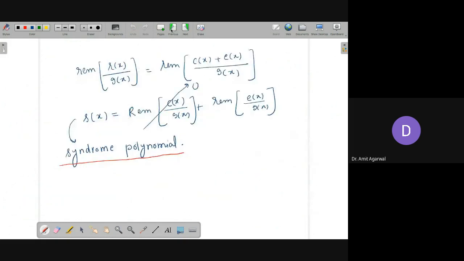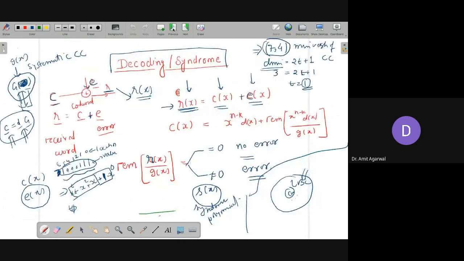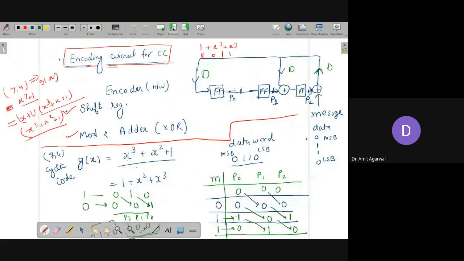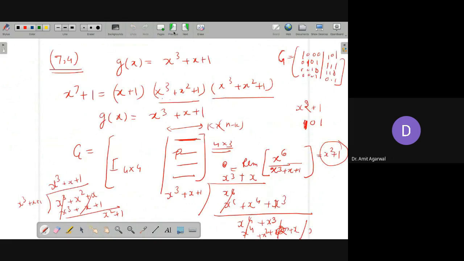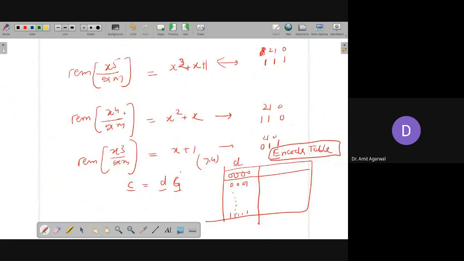So this is the whole thing which we have to remember for cyclic codes. Once somebody says cyclic codes, get G(x), and if somebody asks to use a systematic cyclic code, then you get the generator matrix with this concept: G is I comma P, we know I, we just need the rows of P, which can be found using this formula.